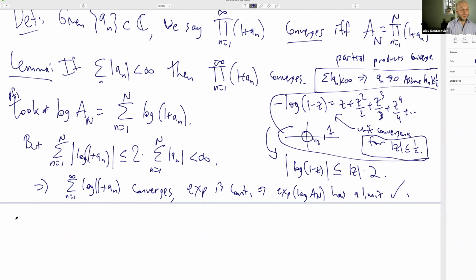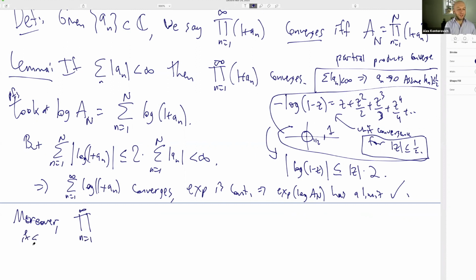Moreover, there's a part 2. Moreover, can this product be 0? You have a sequence of complex numbers. They could converge to 0, couldn't they?